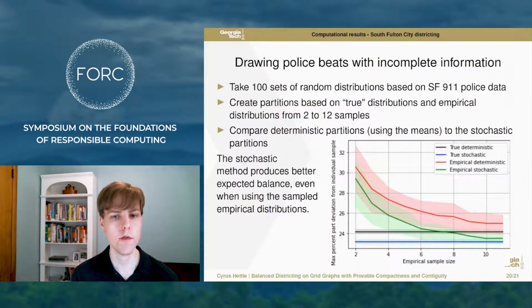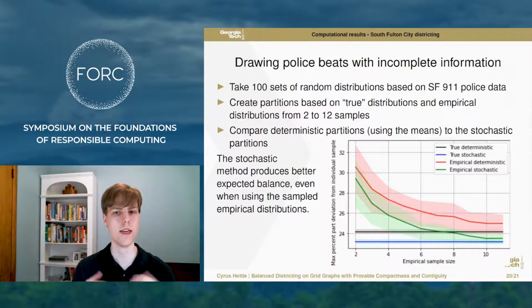Finally, we evaluate the performance of our stochastic methods by drawing police beats with some incomplete information. Here we're going to compare our stochastic method, which uses the knowledge of the entire distribution xv for each vertex, with deterministic methods, where we just look at the mean of the xv and apply partitioning just using those.